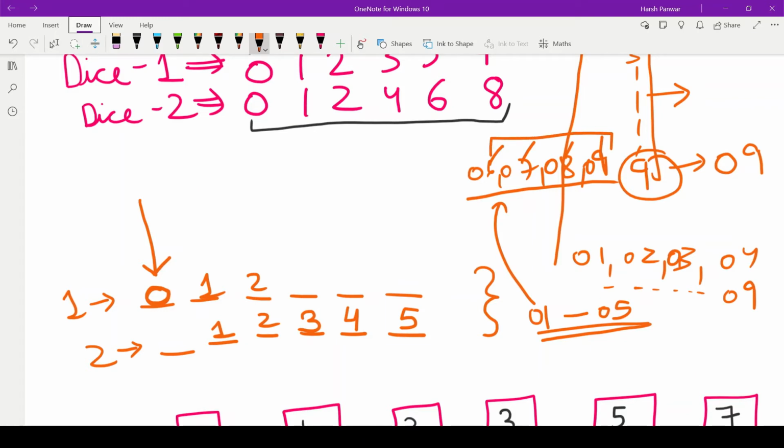It's not possible that all 4 numbers can be fitted in just one vacant place of dice 2. So what we do is place a 0 in dice 2 as well, and we put the remaining numbers, that is 6, 7 and 8, on the vacant places.